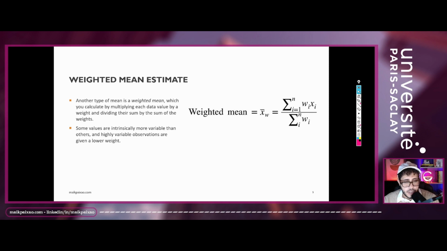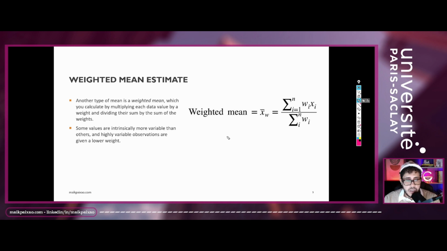We want to calculate the mean for all these records, and we know that we have bad data, so we decide to calculate not the traditional mean but the weighted mean.